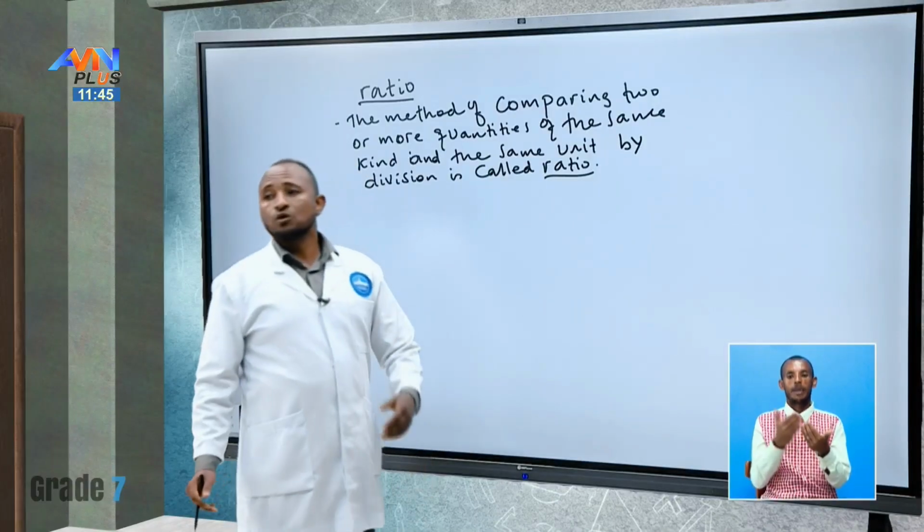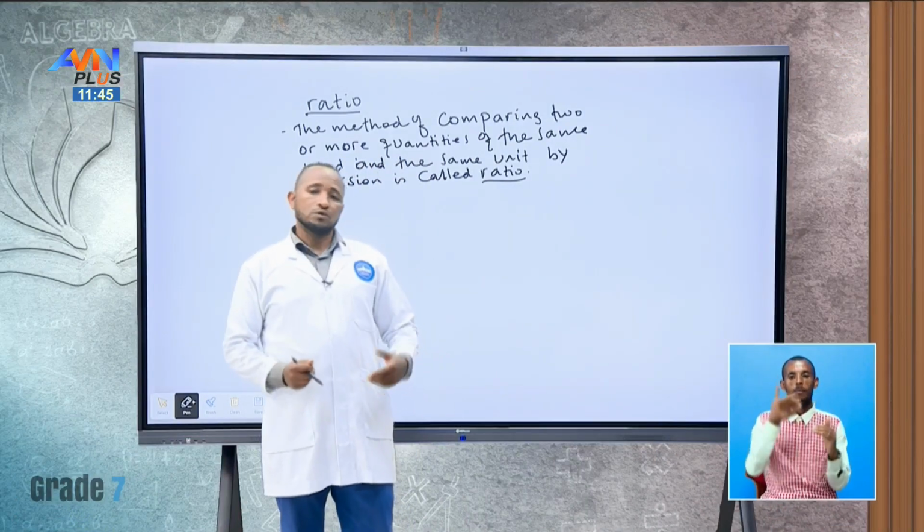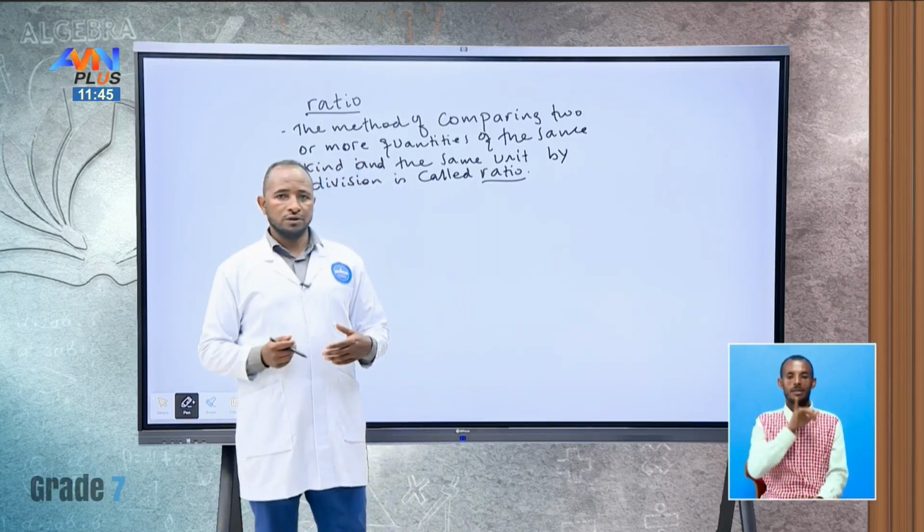Simply, ratio means comparing two or more quantities by division. So the quantities must have the same units.